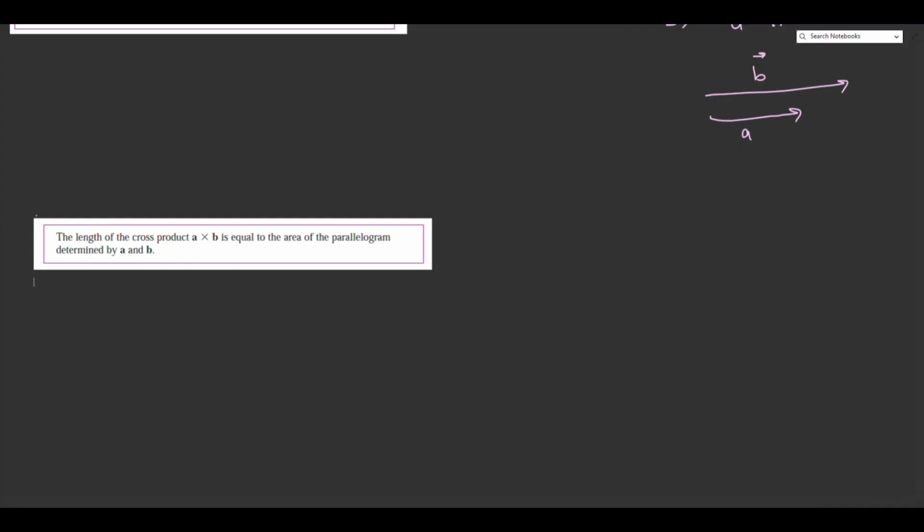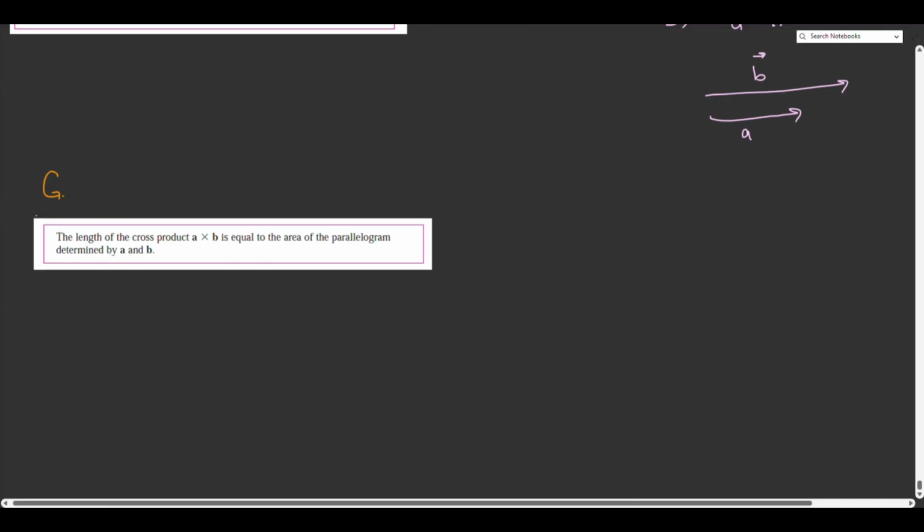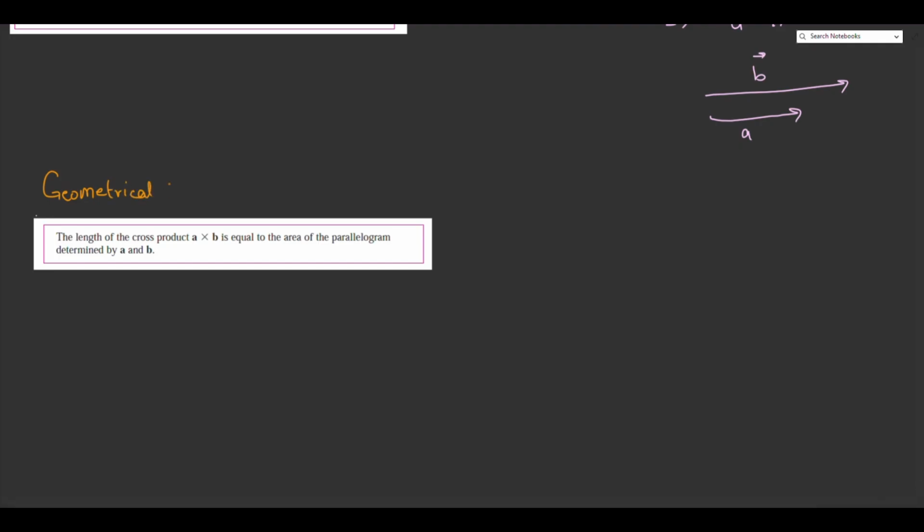We call this the geometrical interpretation of the cross product.